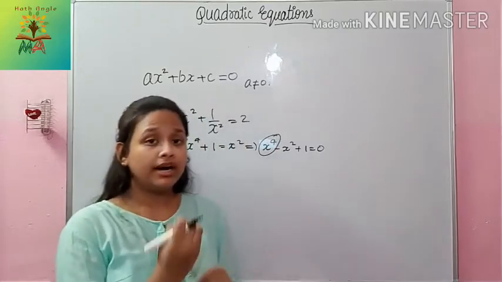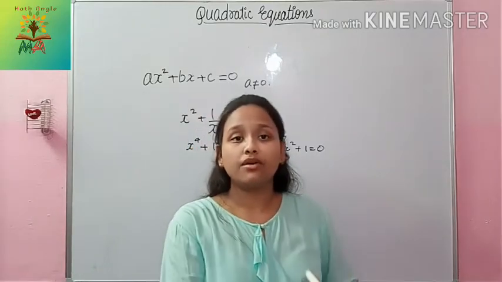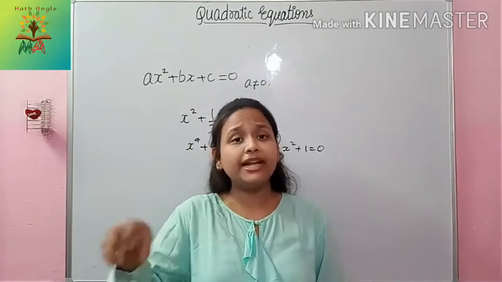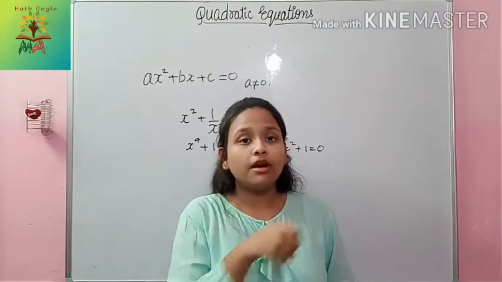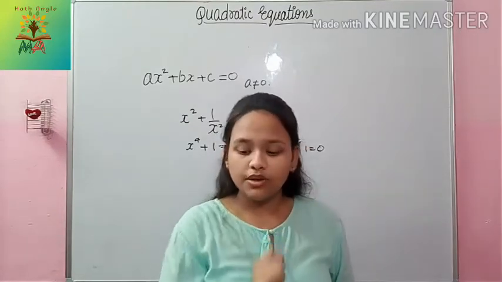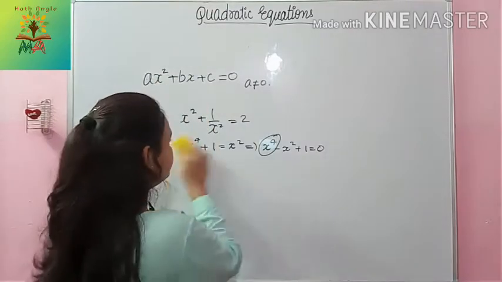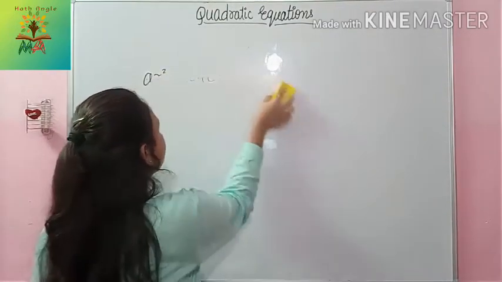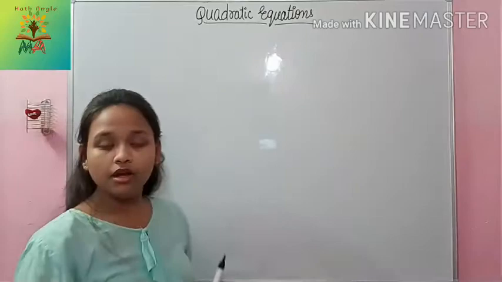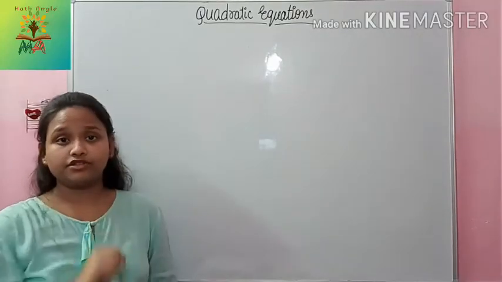Now we will understand how to make a quadratic equation by taking out the information from a given question. So let's see a question. First of all, just read that question.